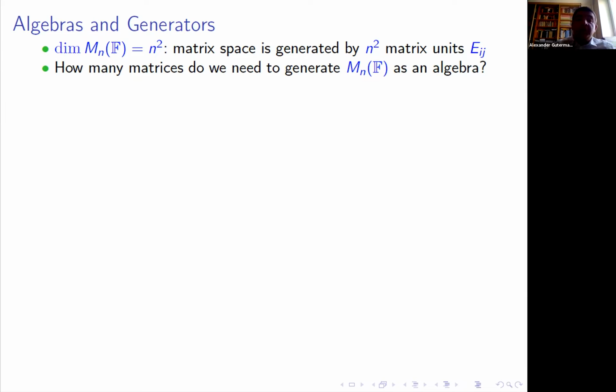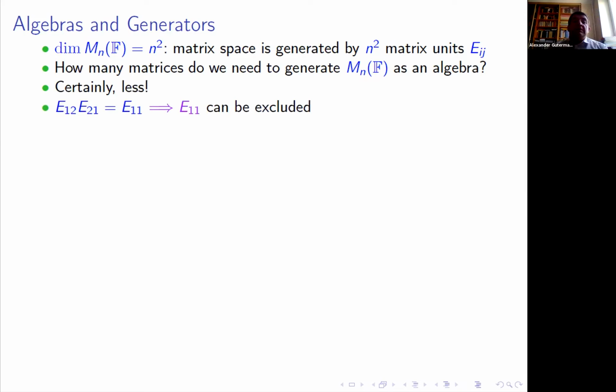But let me add a third operation, namely matrix multiplication, which is quite natural here. How many matrices do we need to generate the set of matrices as an algebra? This is our next question. Well, certainly we need fewer matrices.